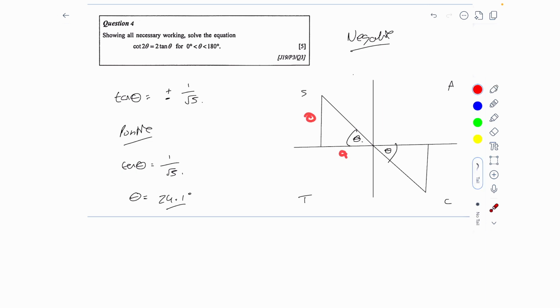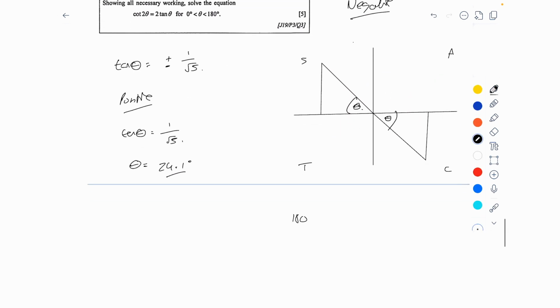Now 24.1 is going to be our reference angle. So what does that tell us? Well, what we've got here is 180 minus theta. So therefore we've got 180 minus 24.1 over here.